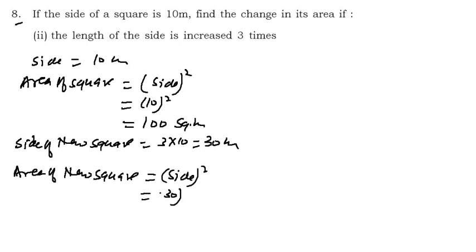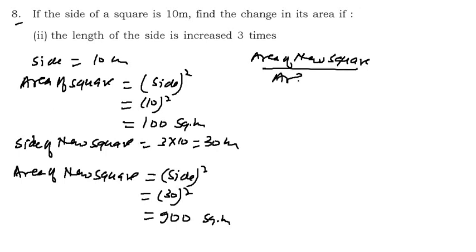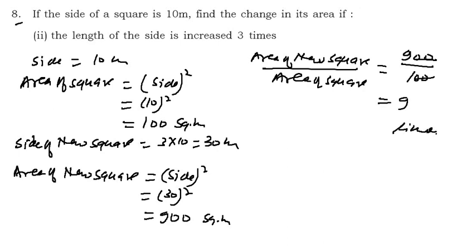Side is 30 and whole square, that is 900 square meter. Now the area of new square upon the area of square, that is 900, and here is 100 only, so double zero is cancelled out, so it becomes 9 times. So that one is your answer.